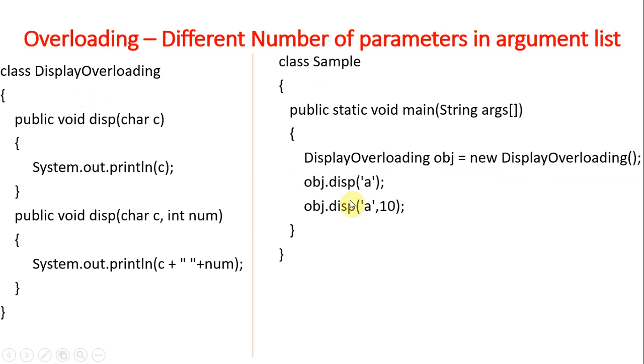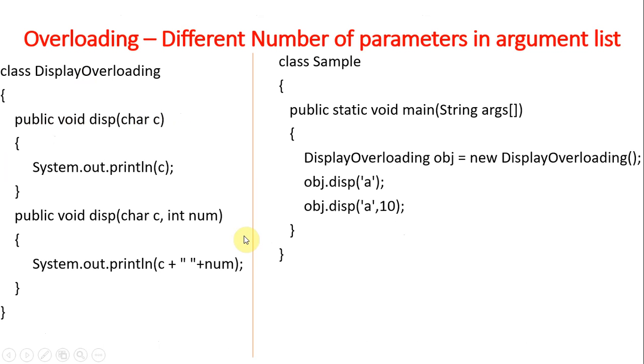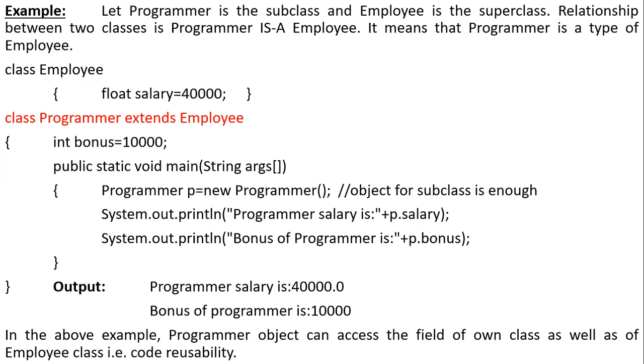But when it comes to the inheritance concept, you create an object for this class, not this class. If you want to access this salary, you have to create an employee object, right? That was from the earlier classes' discussion, but that is not the case if you use the inheritance extends keyword. Creating an object for the subclass is enough.